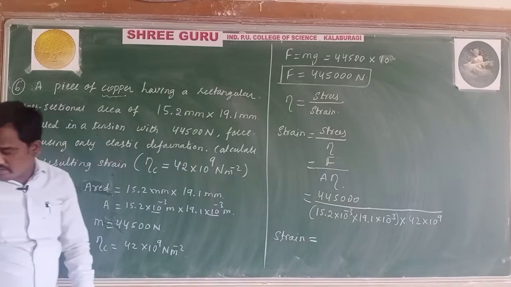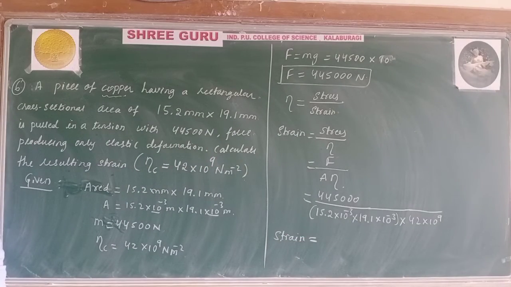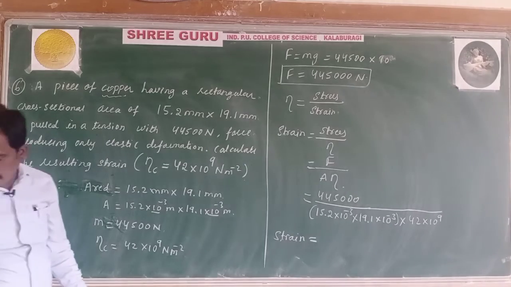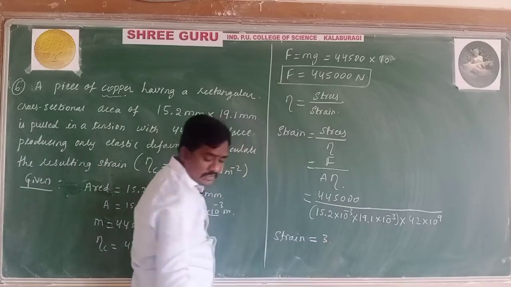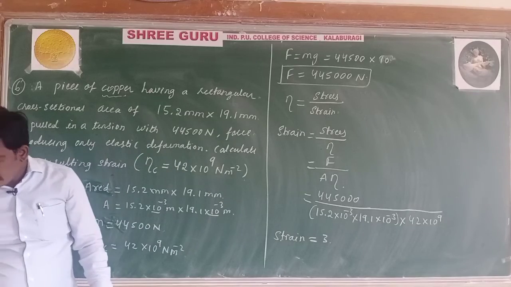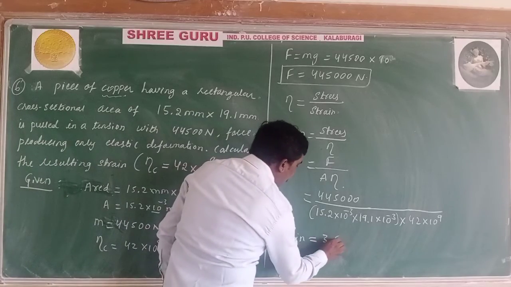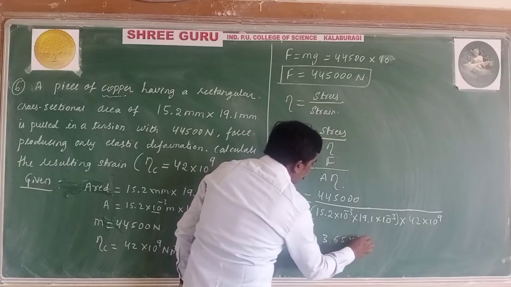strain is equal to 3.65 into 10 raised to minus 3.